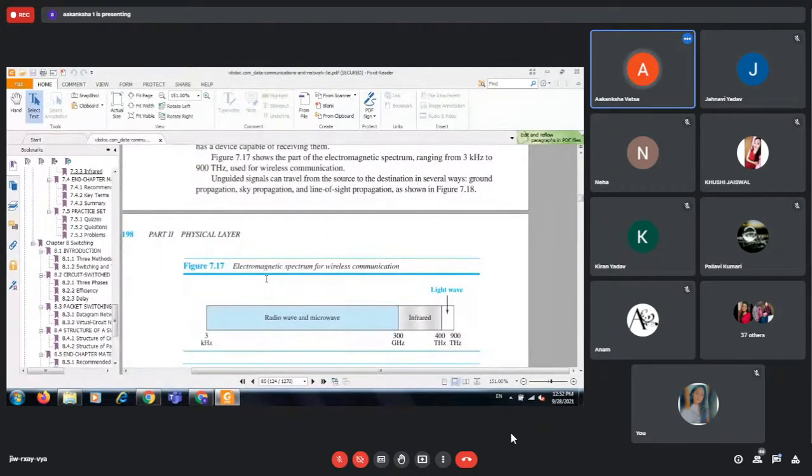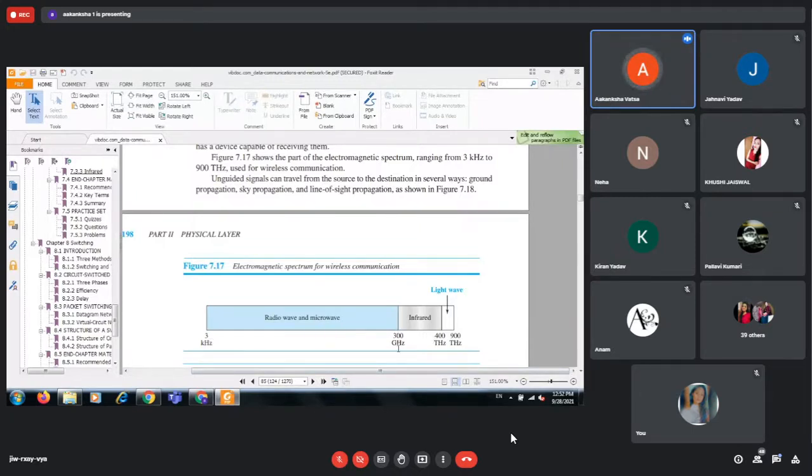Now you can see the minimum is 3 kilohertz and the maximum is the highest spectrum range, 4 terahertz to 900 terahertz, which is the light wave spectrum. Then we have 300 gigahertz to 400 terahertz as the infrared region, and the radio wave and microwave region is from 3 kilohertz to 300 gigahertz.